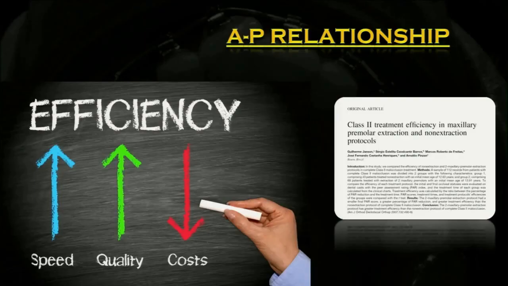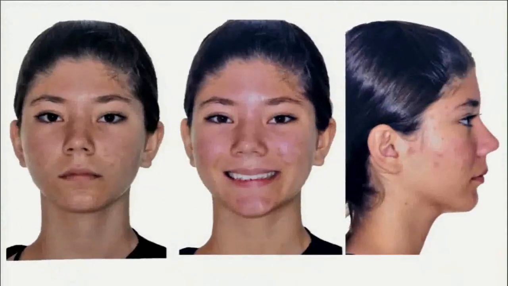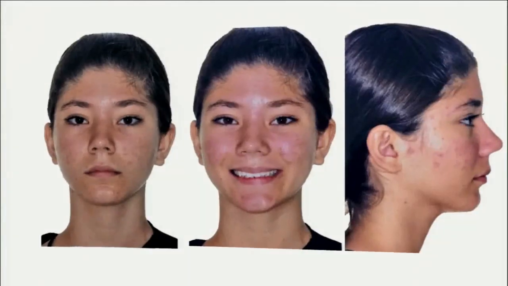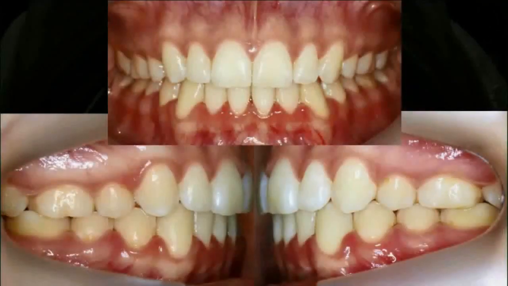For example, we know that if we treat severe class 2s with upper bicuspid extraction rather than four bicuspid extractions or treating non-extraction, we would save a little time. Like we did with this girl. She's a severe class 2 and we treated her with 2 upper bicuspids. So it was a rather fast treatment.